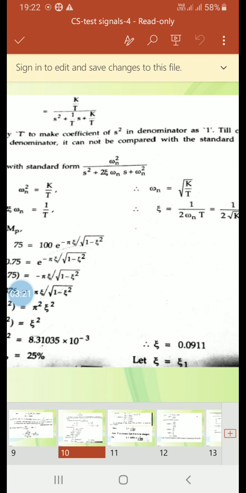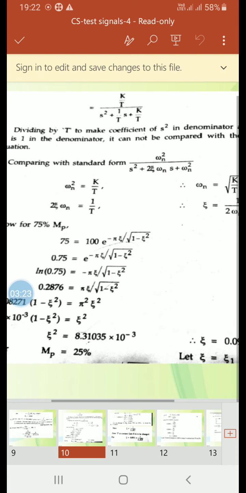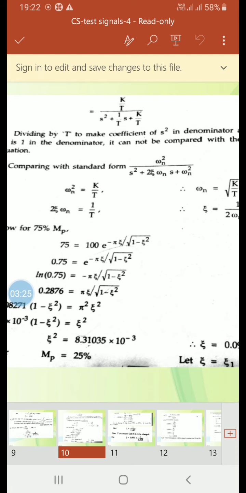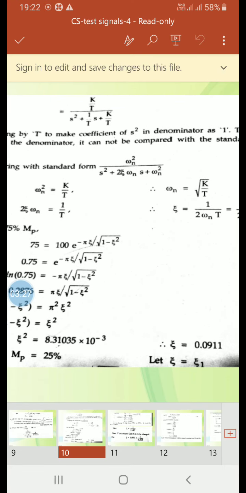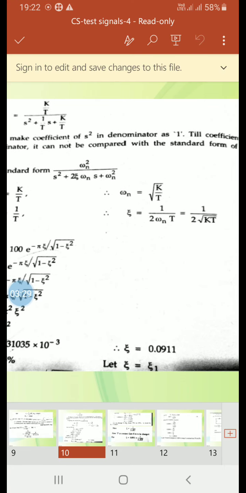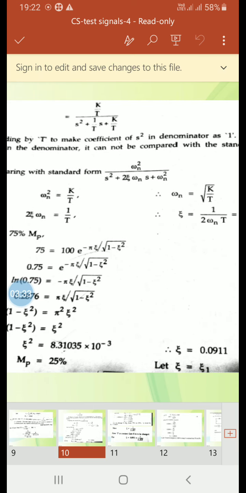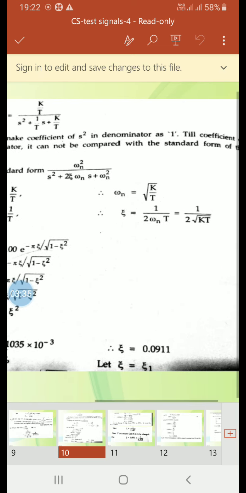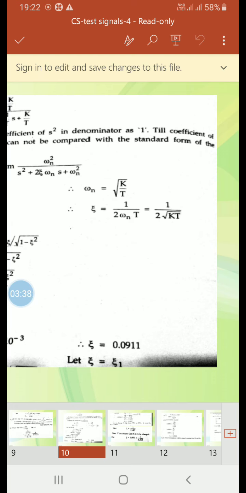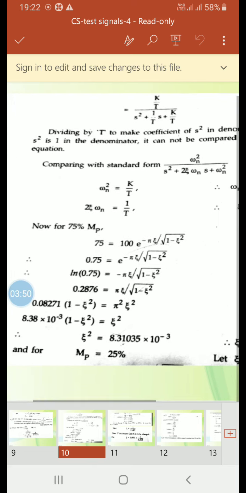Omega n is root of K by T. Two damping ratio omega n is 1 by T. Therefore, damping ratio is 1 divided by 2 omega n T, which is equal to 1 by 2 root of KT, since omega n is root of K by T, and into T it becomes root KT.